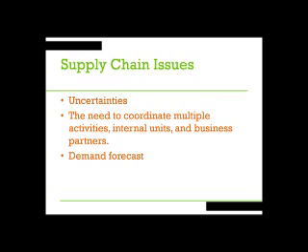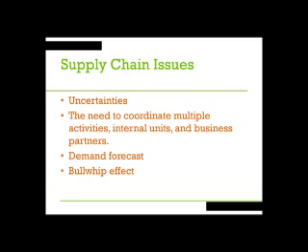Economic conditions. There's all these things that affect our best attempt at providing a forecast. And then there's something we're going to talk a little bit about here, and then I'm going to show you a video in class too, the bullwhip effect.